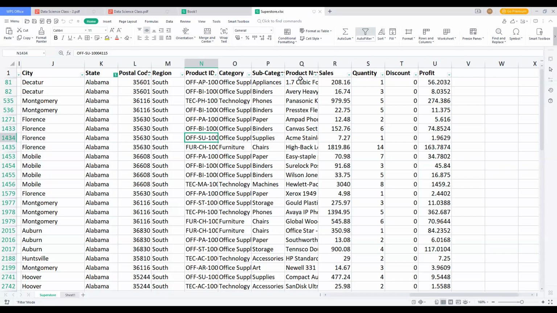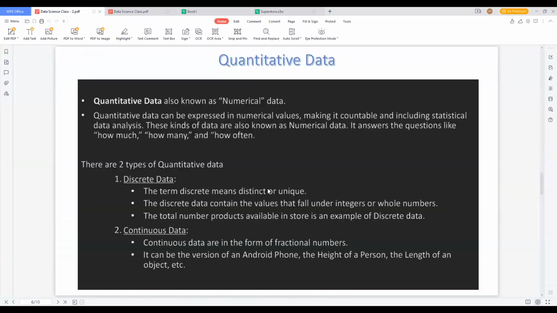If I ask about one particular product, you can answer with quantities like 20, 200, 50, 100. This is related to the quantity data, where the values are discrete or continuous.